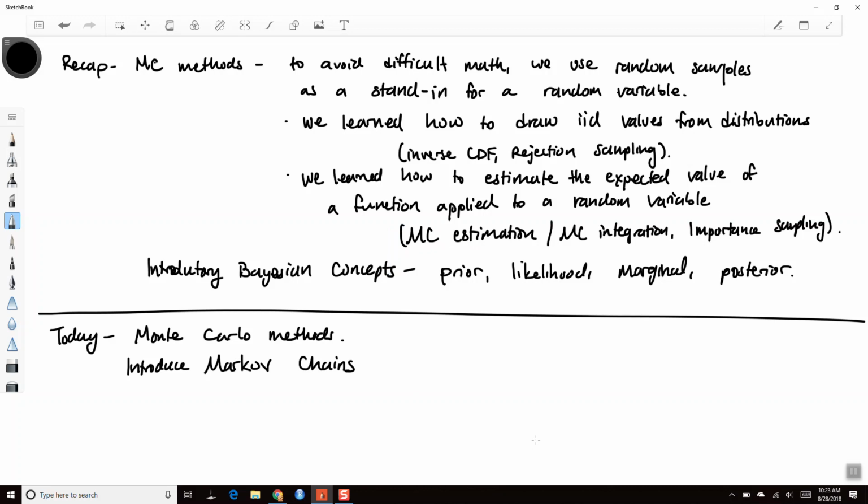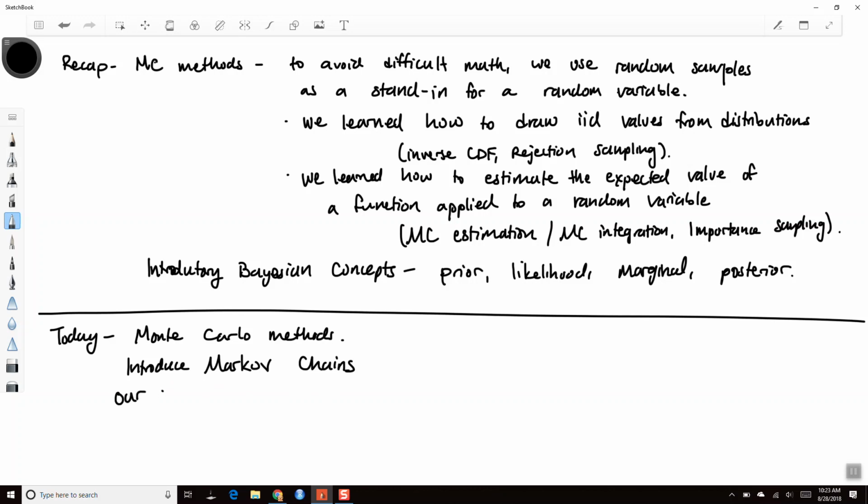Okay, so let me boil that down into a few words here, and then I'll illustrate the idea. So, introduce Markov chains.